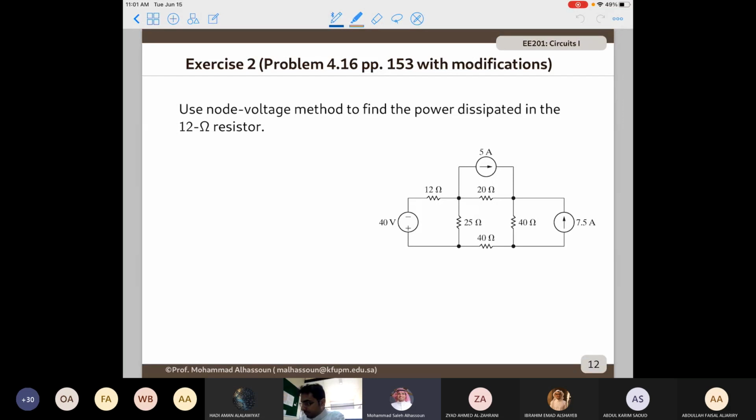So this is the 12 ohm resistor. So we need to use the node voltage method, and from it we're going to get the current passing through the 12 ohm resistor. And this current can be used to calculate the power dissipated in that resistor.